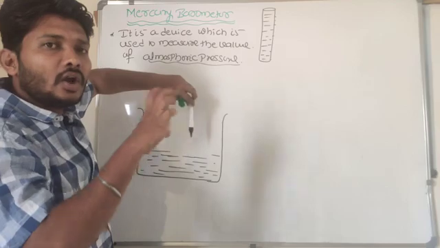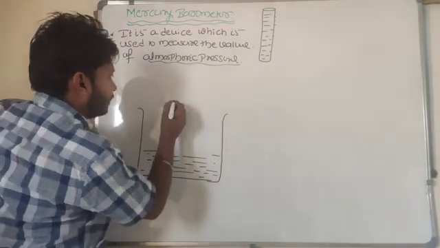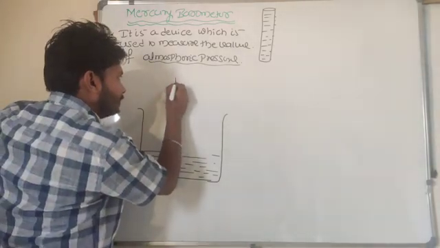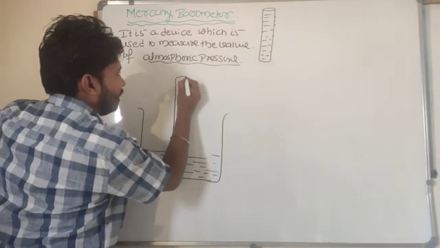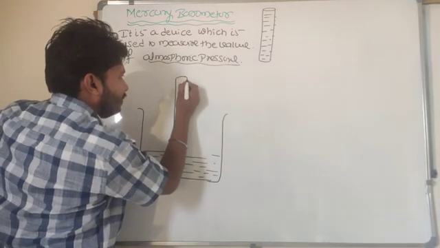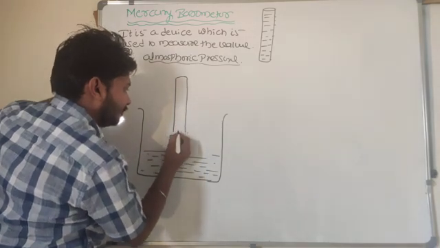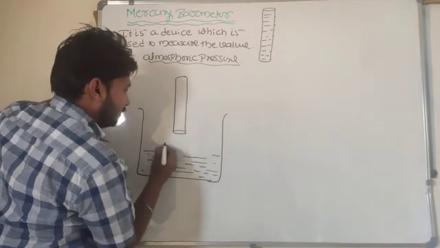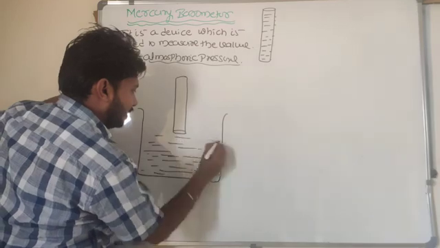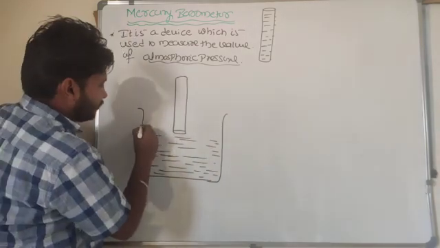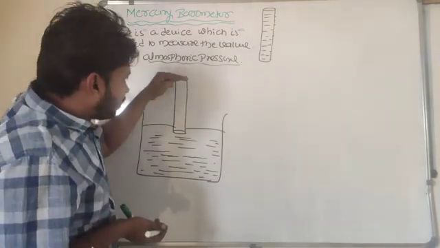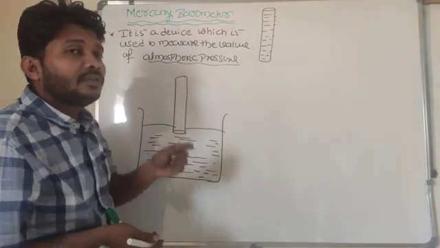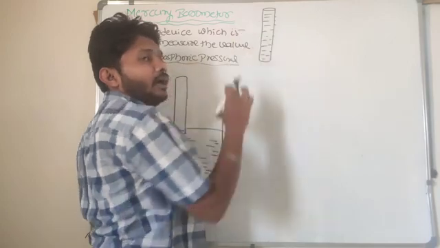If I place the long tube into the container in the inward direction, then what happens? The level of the mercury decreases in the long tube. What's the length here? 1 meter.